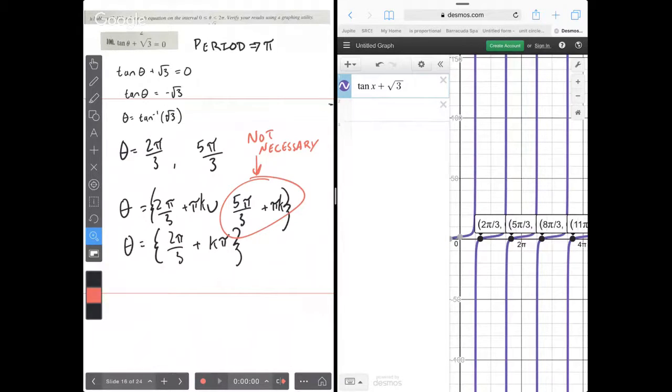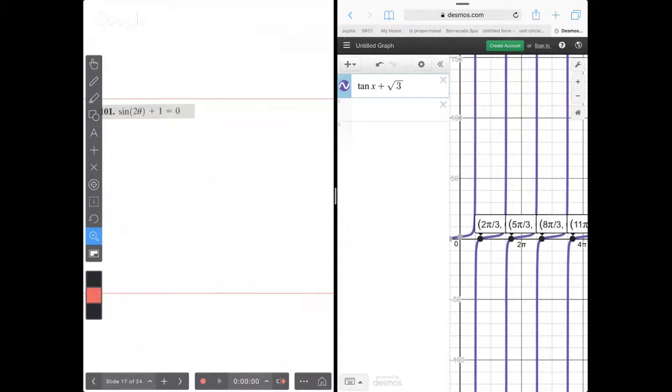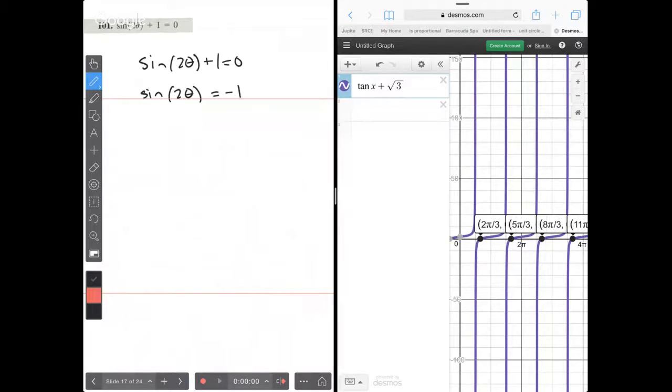Okay. Cool. 101. Sine of 2 theta plus 1 equals 0. That's what we're about to do, Richard. So sine of 2 theta equals negative 1.